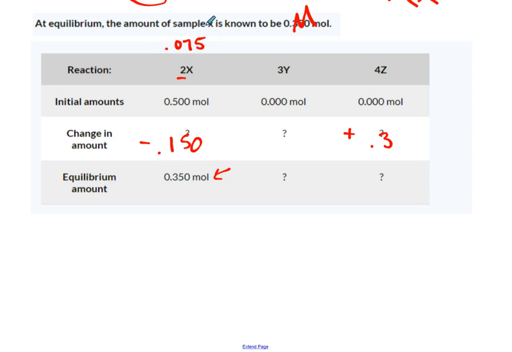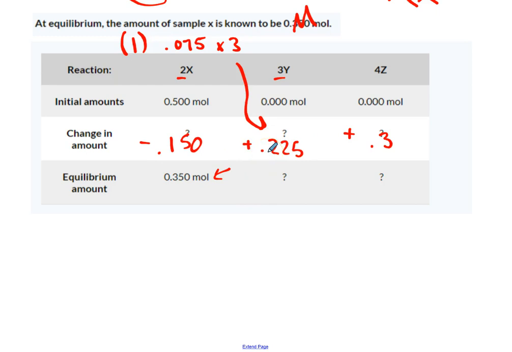I'm not writing that in my ICE table, I'm just writing it above my ICE table, because now it would be 0.075 if this was a 1, correct? So now I just take this number and multiply it by 3, and that will tell me what that number is. That's a positive. Did that make sense?